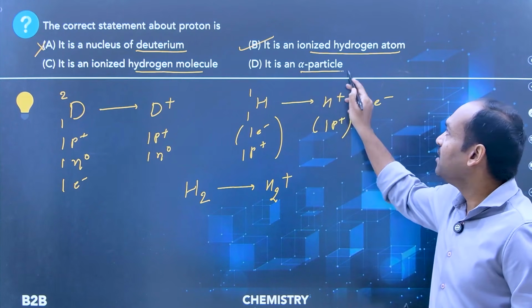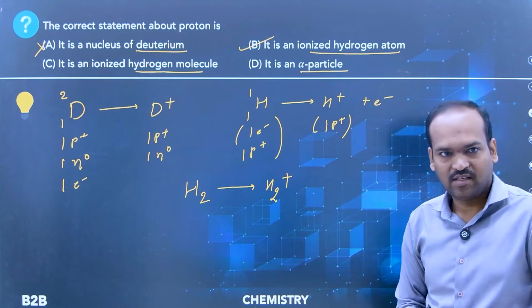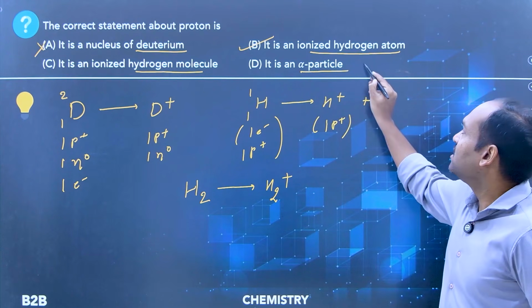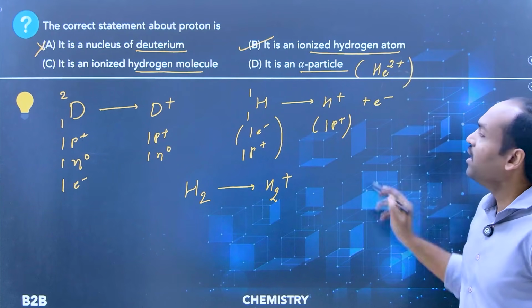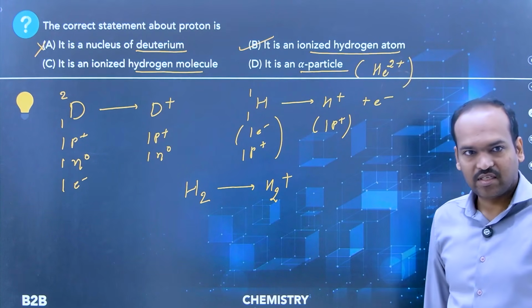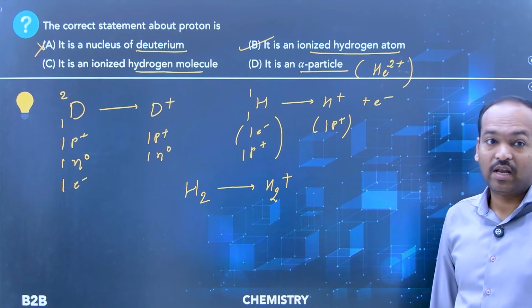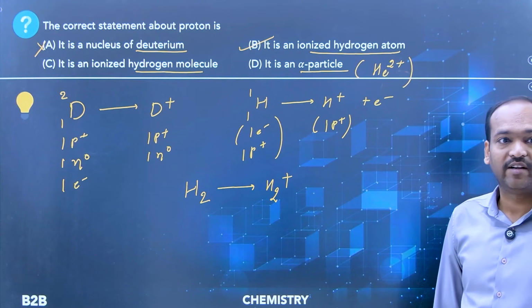What is an alpha particle? The alpha particle is a helium nucleus, He2 plus. Alpha particle is a positively charged particle, not negatively charged.